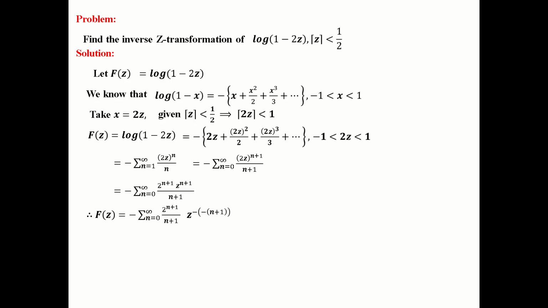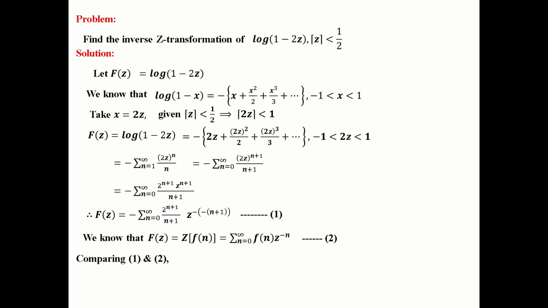Because we know the Z transformation of f of n is equal to summation f of n z power minus n, we are multiplying minus into minus, so you will get plus. That is equation 1. We know that F of z is equal to summation n equal to 0 to infinity f of n z power minus n, comparing 1 and 2.